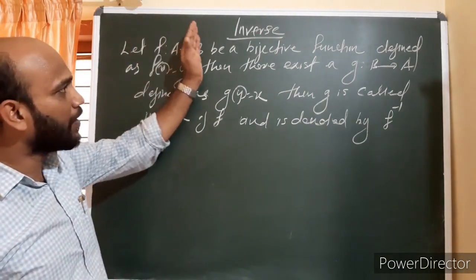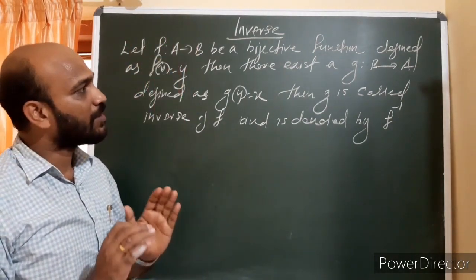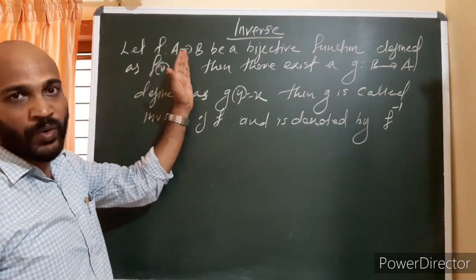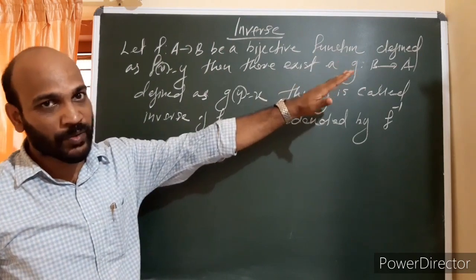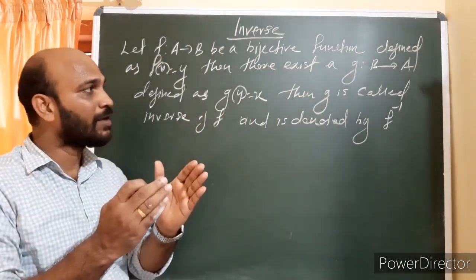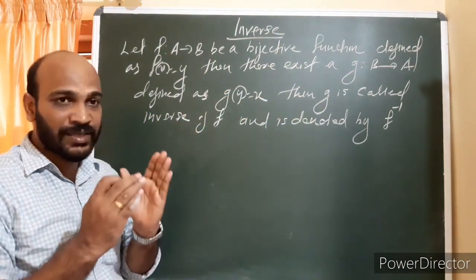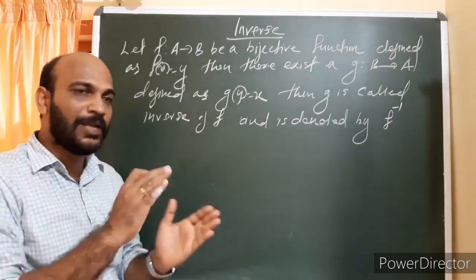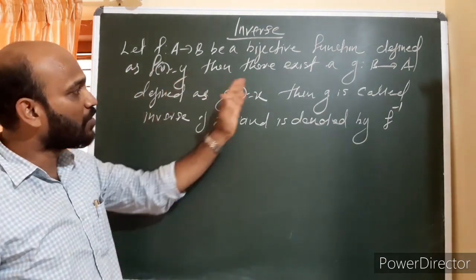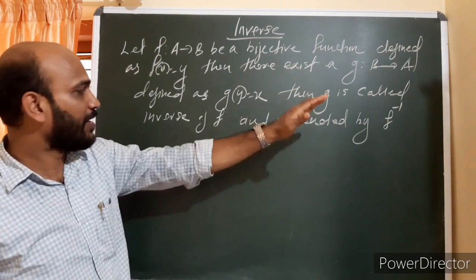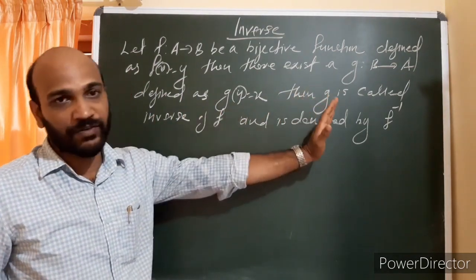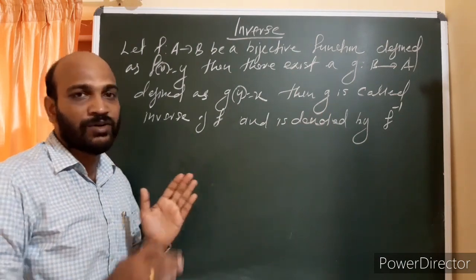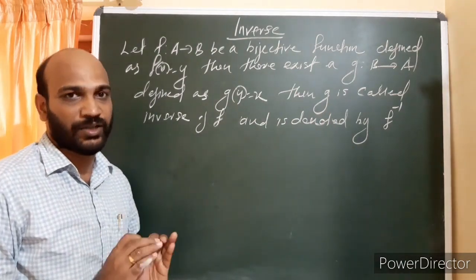Let f from A to B be a bijective function defined as f of x equal to y. Then there exists a function g from B to A. Then f inverse, or g, will be a function from B to A defined as g of y equal to x. Then g is called the inverse of f and is denoted by f inverse. Don't think that f inverse equal to 1 by f. It is just a notation.